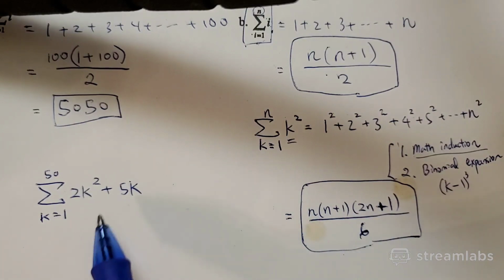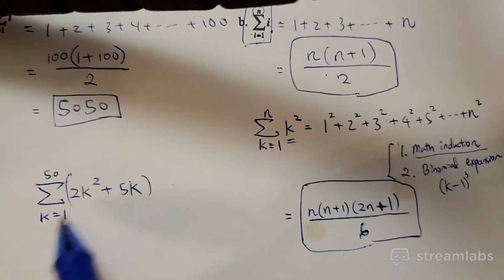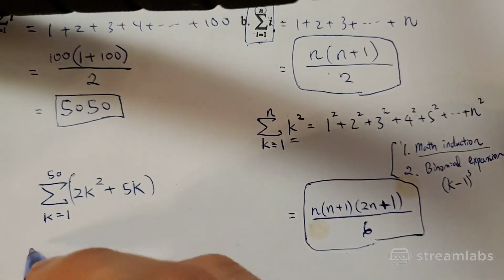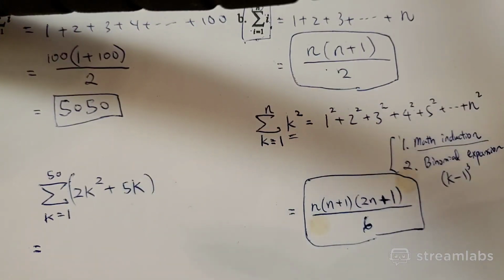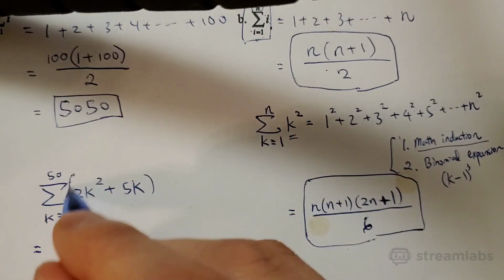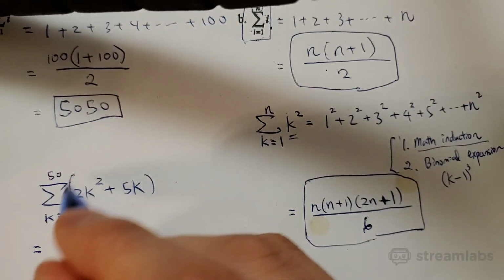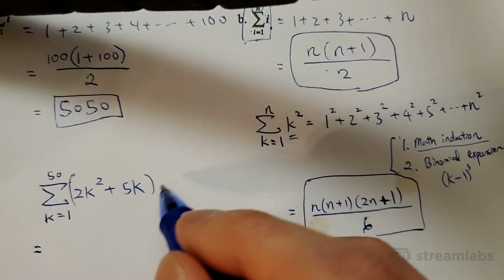Normally, this is a very hard problem, right? Why? Because you have to keep putting in 1, 2, 3, 4, and do 50 terms, right? And you don't know how to do this quickly. So we can use the fact that you're adding things, right? Adding is commutative and associative, which means that you can add all the things that have this expression first, and then add all the things that have the other expression, then in the end add them together.